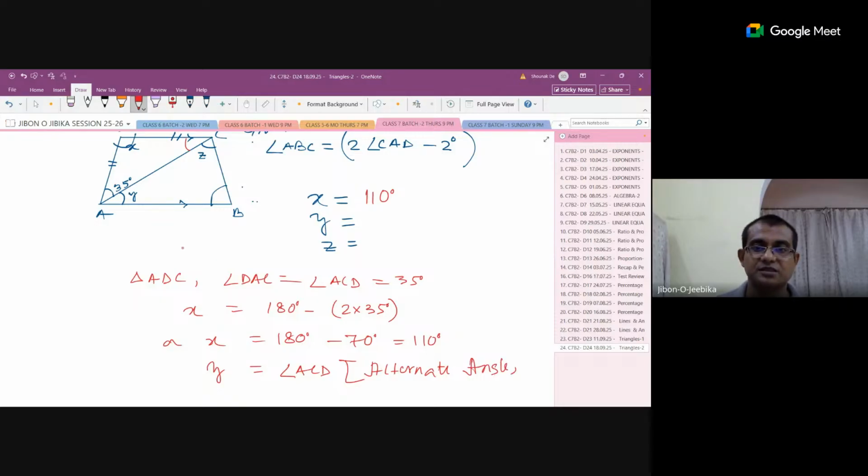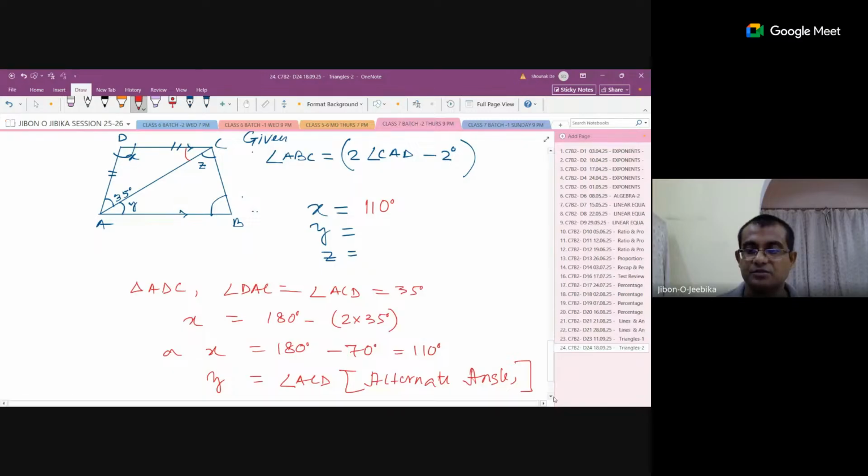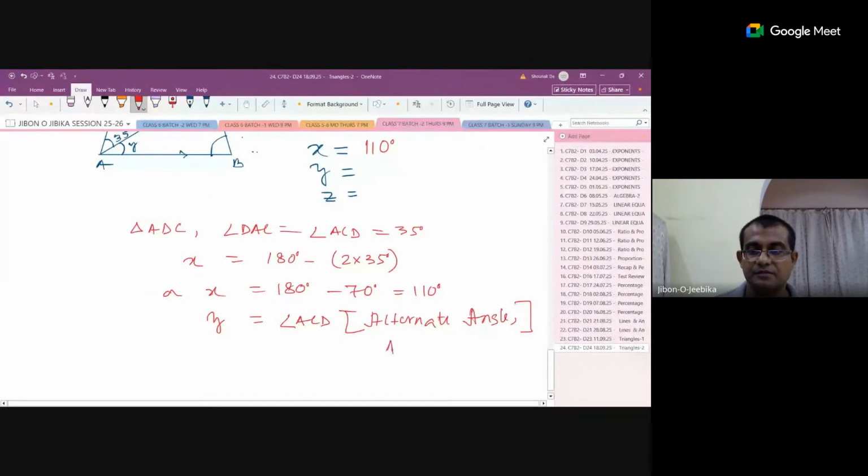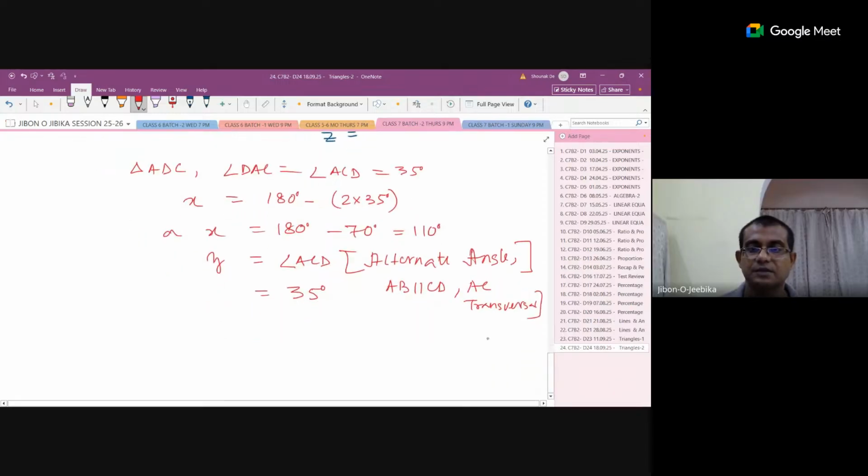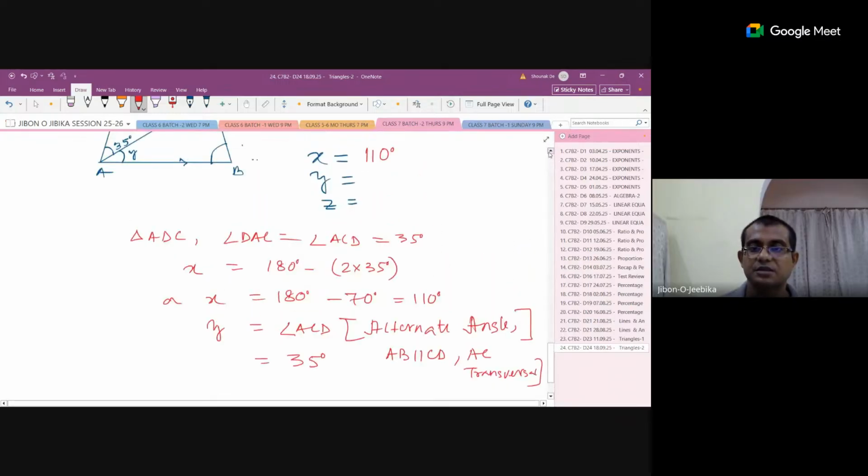These are alternate angles, because it is given AB is parallel to CD and AC is a transversal. So that is equal to 35. Done. So y is equal to 35 degree.